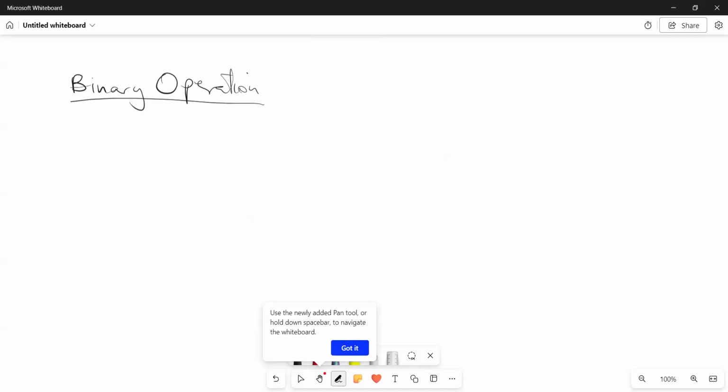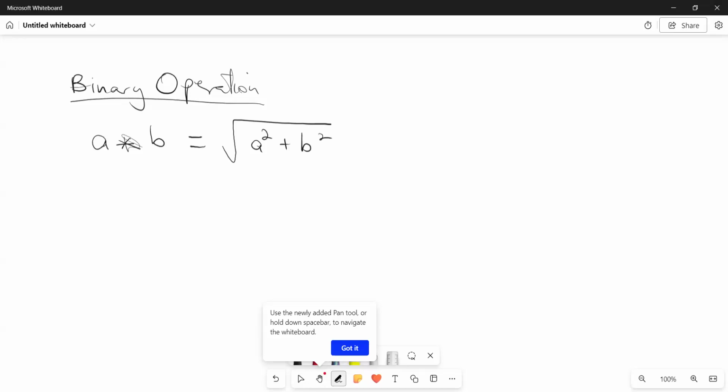Where we substitute in expressions. For example, if we say the binary between A and B, and you usually put a star, it could be a lot of other symbols, plus sign. So the binary between A and B is equal to, let's just say, the square root of A squared plus B squared.